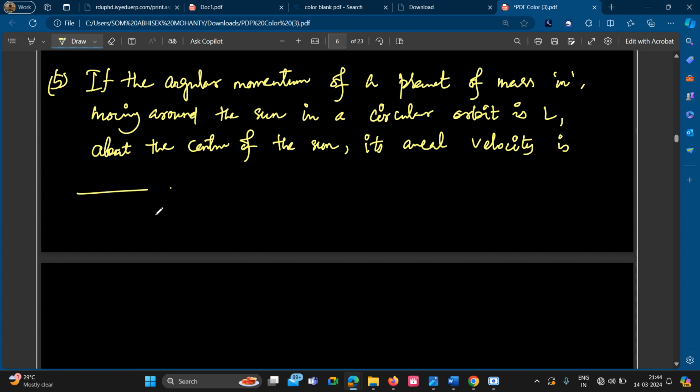The options are: option A, L by m; option B, 4L by m; option C, L by 2m; option D, 2L by m.